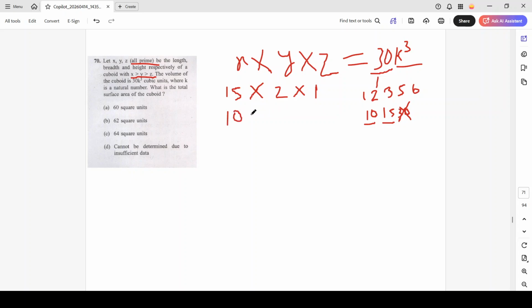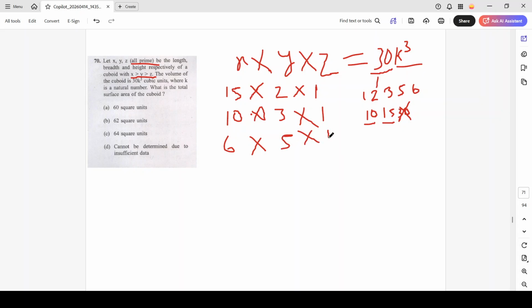into 3, 10 into 3 into 1, there is another possibility of such a case. Now we take 6 into 5 into 1.